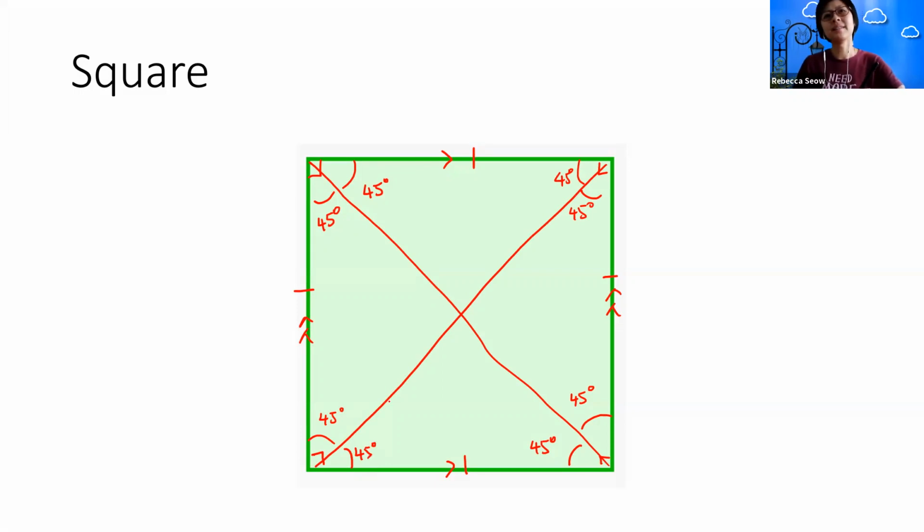Okay, and because of that, what's in the middle point, let's give it as point E, that actually forms a right angle.